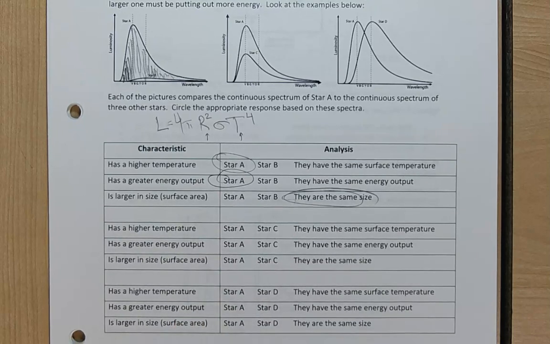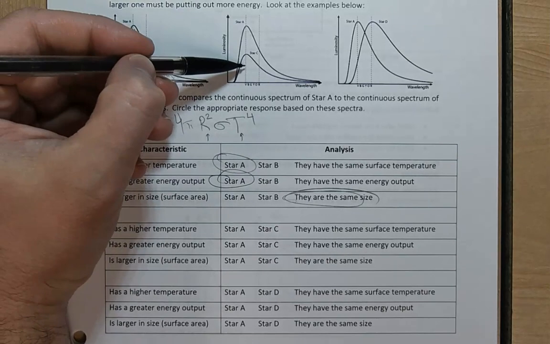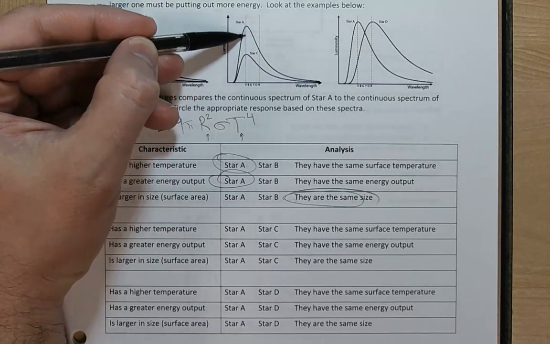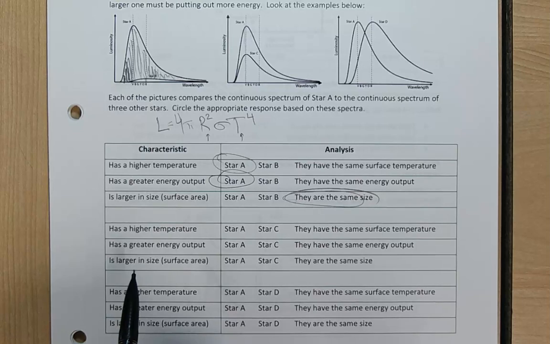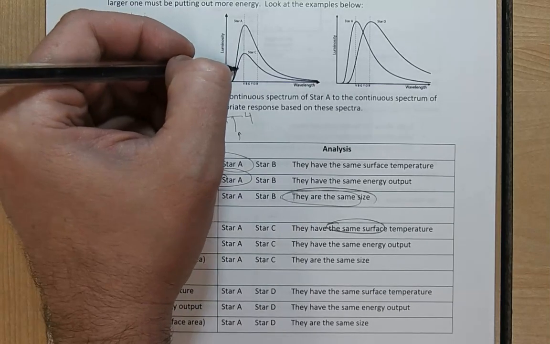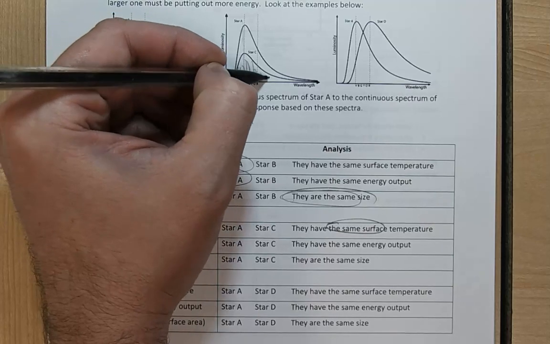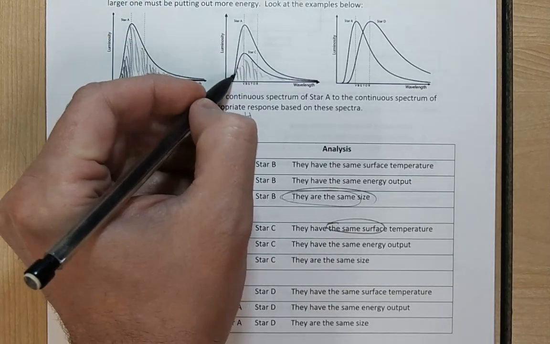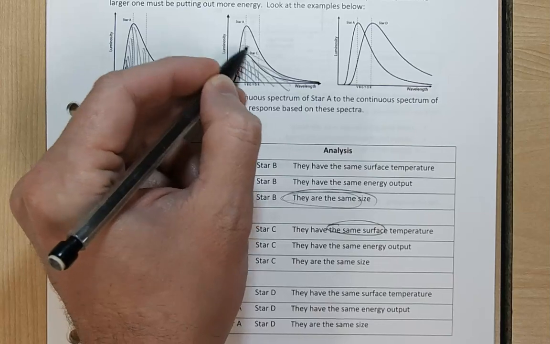Okay, how about A and C? Well, A and C both peak at the same wavelength. They both peak in the violet, so they must be the same temperature. Which one has the greater energy output? Well, between A and C, which star has the greater area under the curve? C only has this area under the curve, and A has this whole area under the curve.